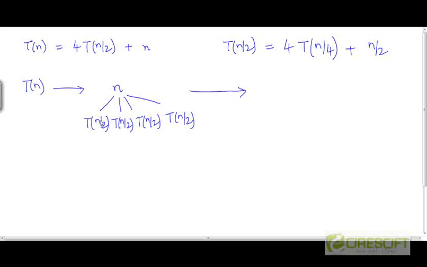So when we open up these 4 nodes, we will replace each of these nodes with n by 2 and 4 children, each being T of n by 4. So T of n by 2 will get replaced by n by 2 with 4 children, each child being T of n by 4.